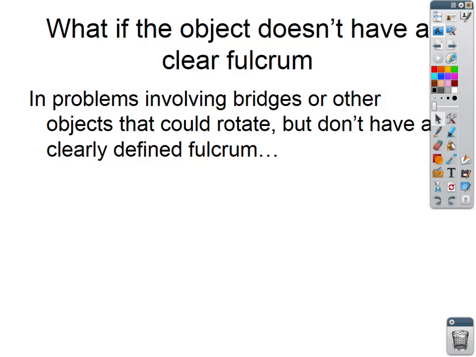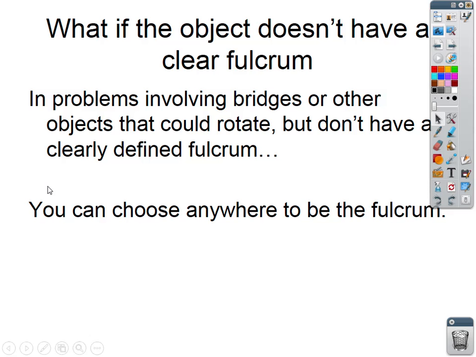All right, I have seen some free response problems where you have to figure out all this work and the person's walking across the bridge. Okay. So the thing that bothers people is if there's no clear fulcrum, you get to pick a spot to rotate around. Just assume everything will rotate around that particular point.